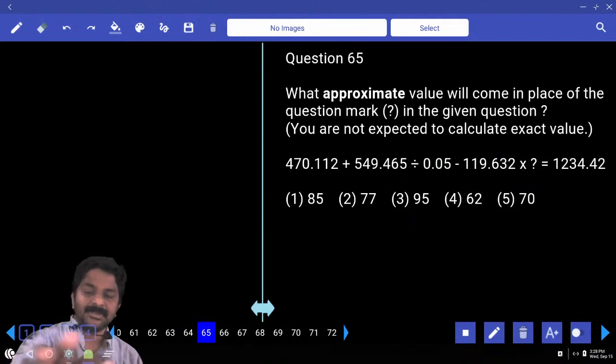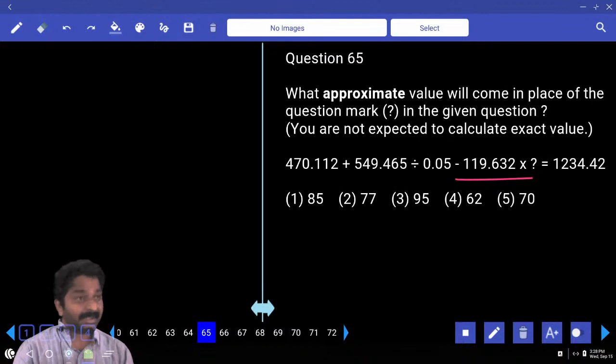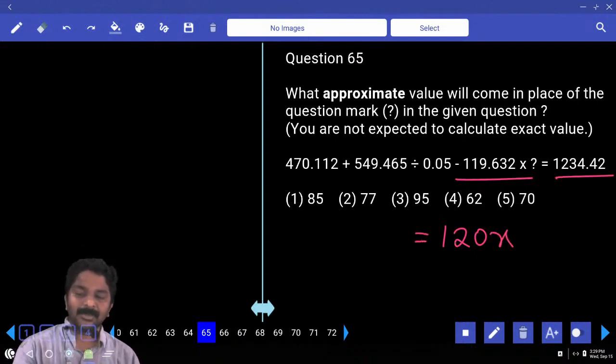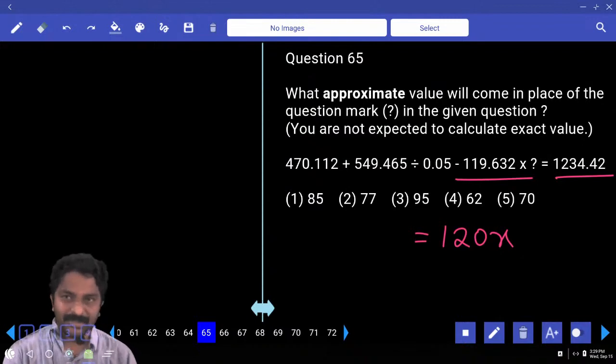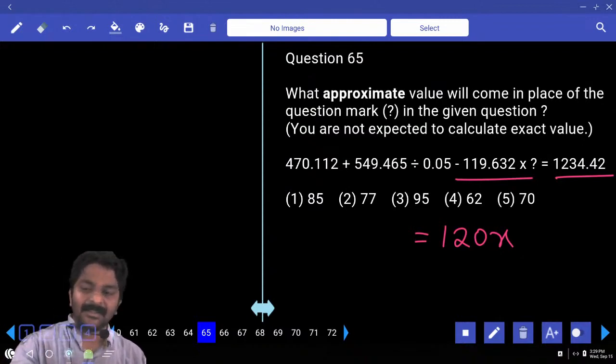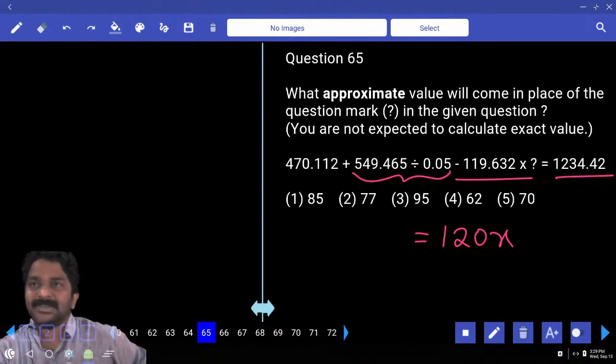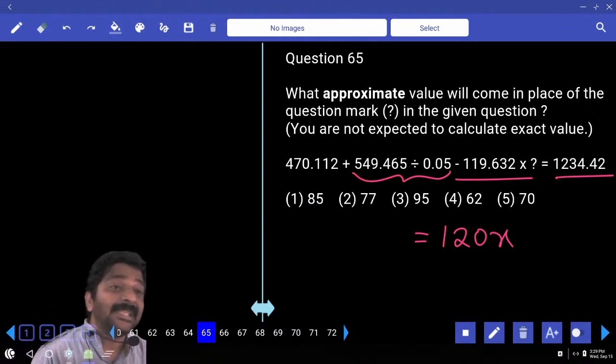Next. So always identify where your x value is. That is in the left hand side, but with a negative symbol. Take that to the right hand side. That becomes 120x, correct? And the right hand side number will come to the left hand side. That becomes minus 1234. We'll consider that later, but before that, let's complete this. 549.465. Can we treat it as 550?